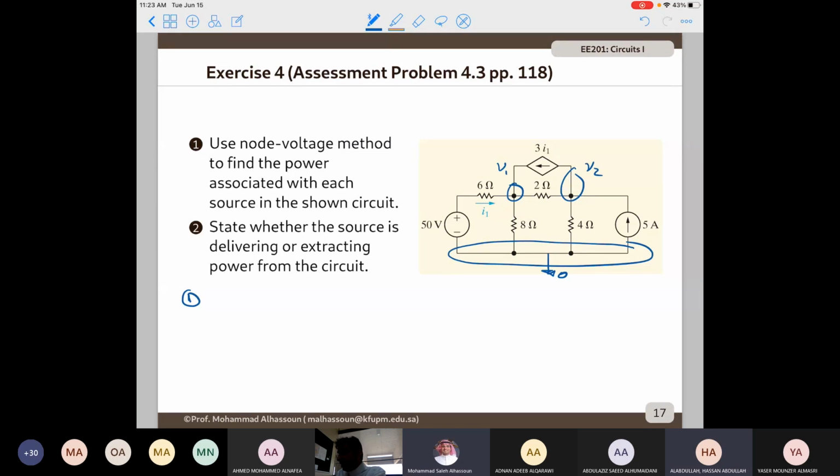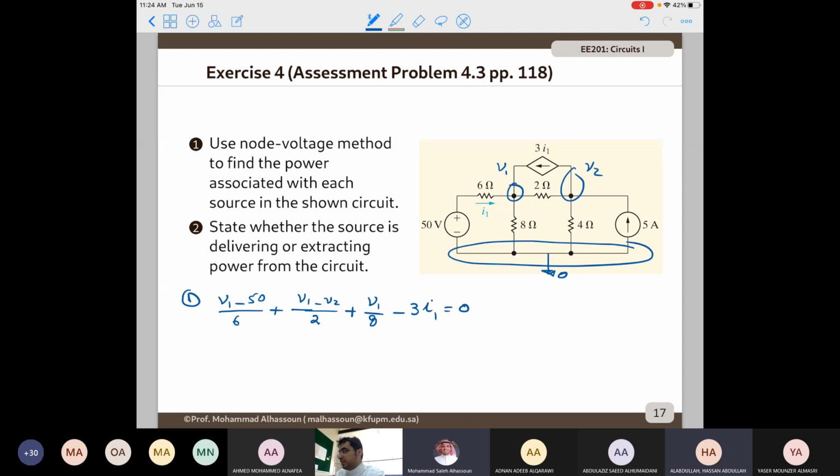So the first node equation is what, Hassan? V1 minus 50 over 6, and V1 minus V2 over 2, and V1 over 8 minus 3I1.